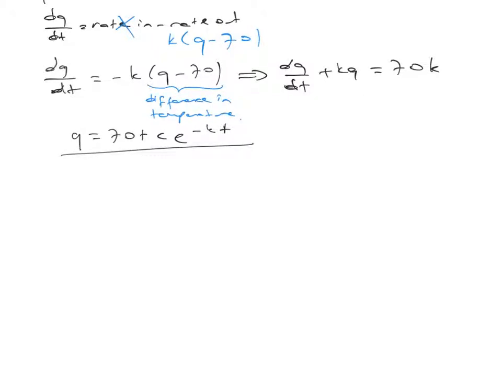I will use the initial value in order to find the constant C, and our initial value of Q is equal to 200, and from here our constant C is equal to 130. So Q is equal to 70 plus 130 times e to the minus kt.